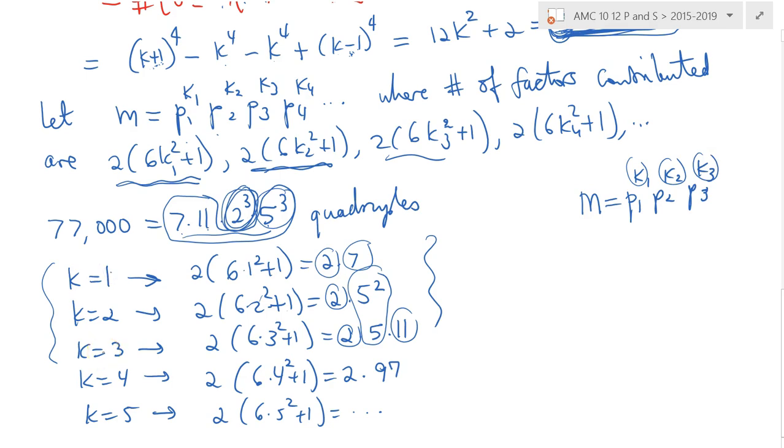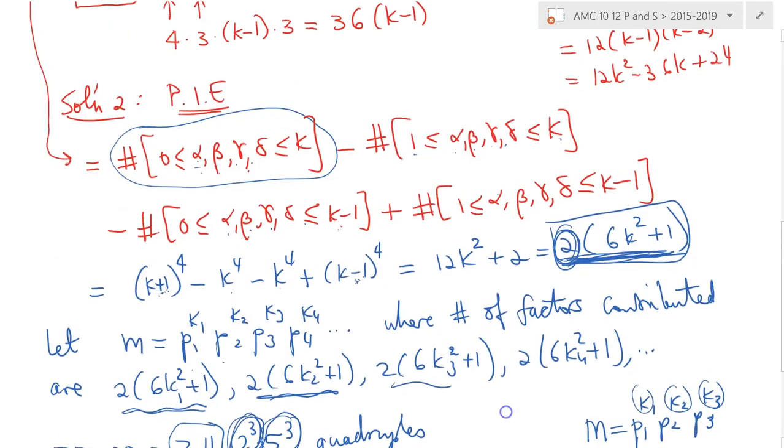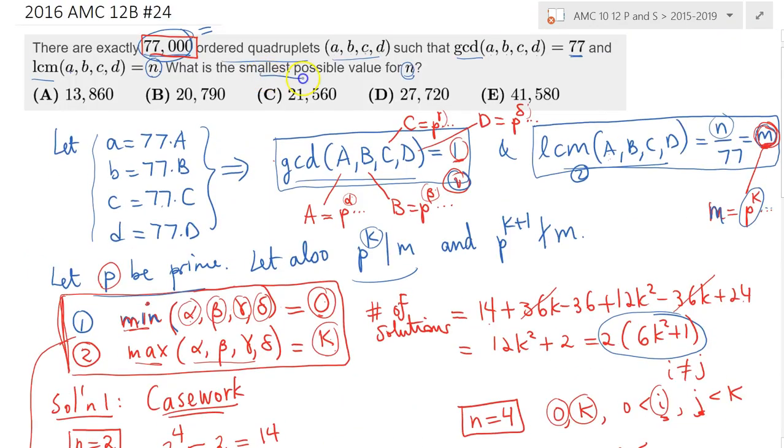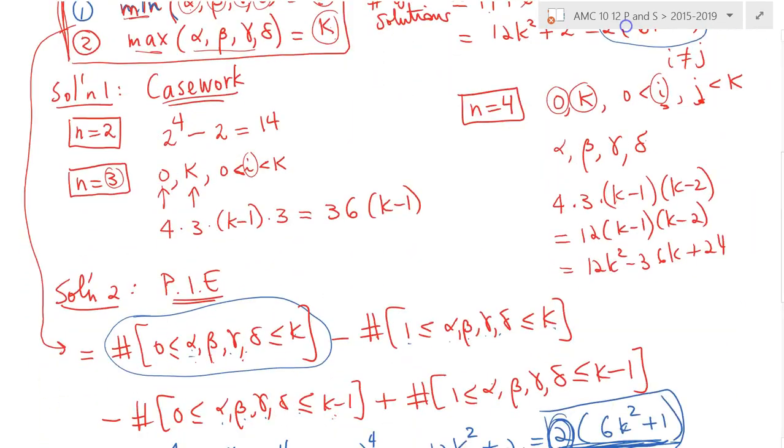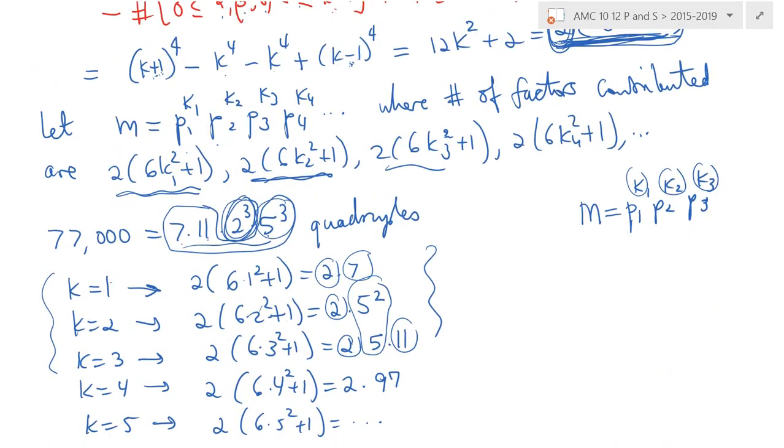That's all. Okay, so because we want to find the smallest n, n is minimized if we minimize m, and then we can simply multiply by 77, right? To minimize m, the best choice is when p1, p2, p3 are obviously 2, 3, and 5, and then k1, k2, k3 are 1, 2, 3.